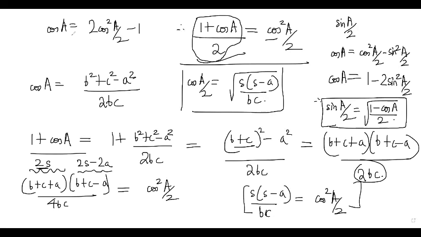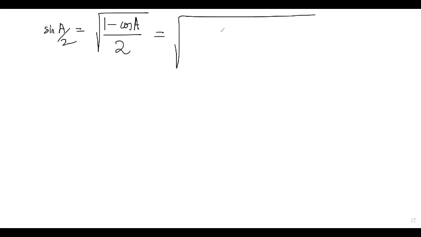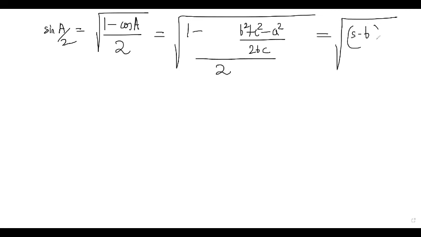And I will use a similar result here. I will again put cos A as b square plus c square minus a square by 2bc. So sine A by 2 is equal to root of 1 minus cos A by 2, which is 1 minus b square plus c square minus a square by 2bc, by 2. And you will prove eventually that it will be s minus b, s minus c by bc.